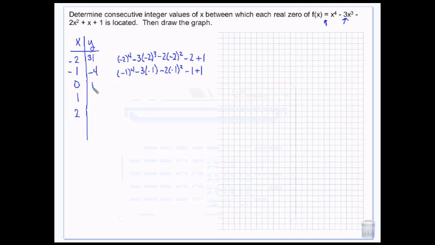If I plug in 0, I get 1. If I plug in 1, I get 1 minus 3, which is negative 2, minus 2, which is negative 4, plus 2, which is negative 2.